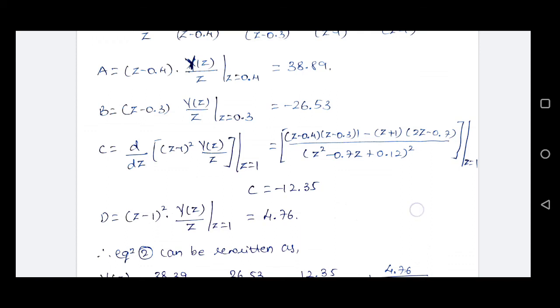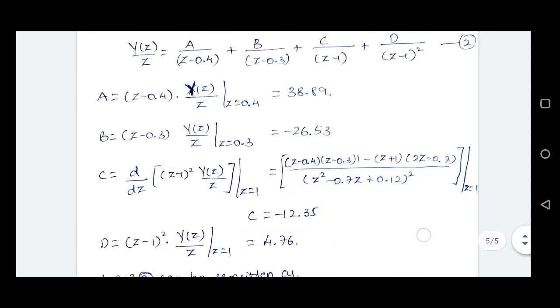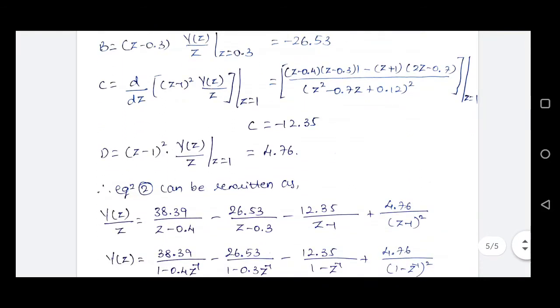We'll use this to represent Y(z) / z. Y(z) / z will be equal to 38.89 / (z - 0.4) minus 26.53 / (z - 0.3) minus 12.35 / (z - 1) plus 4.76 / (z - 1)^2.